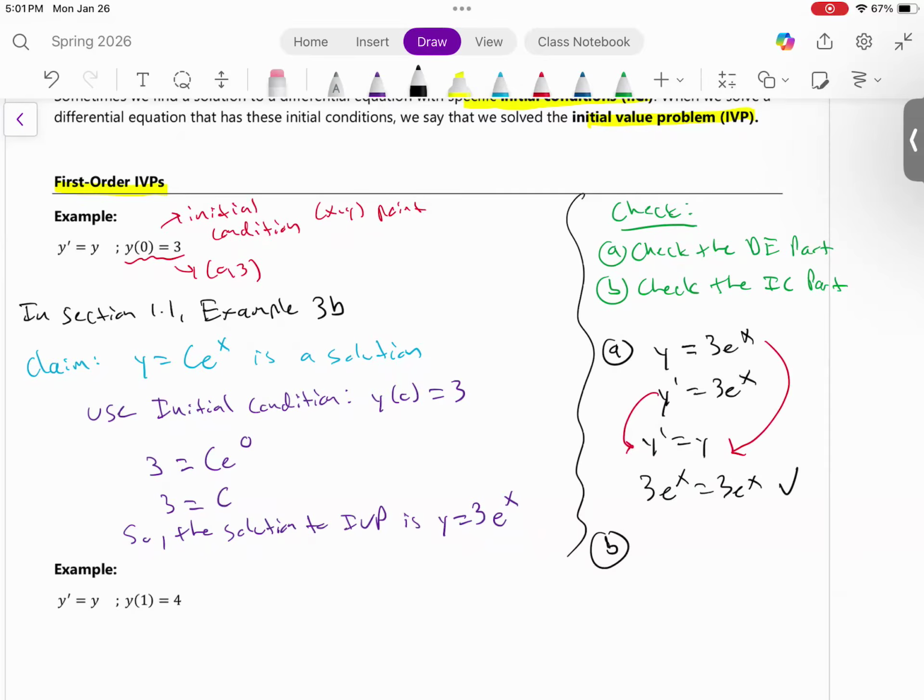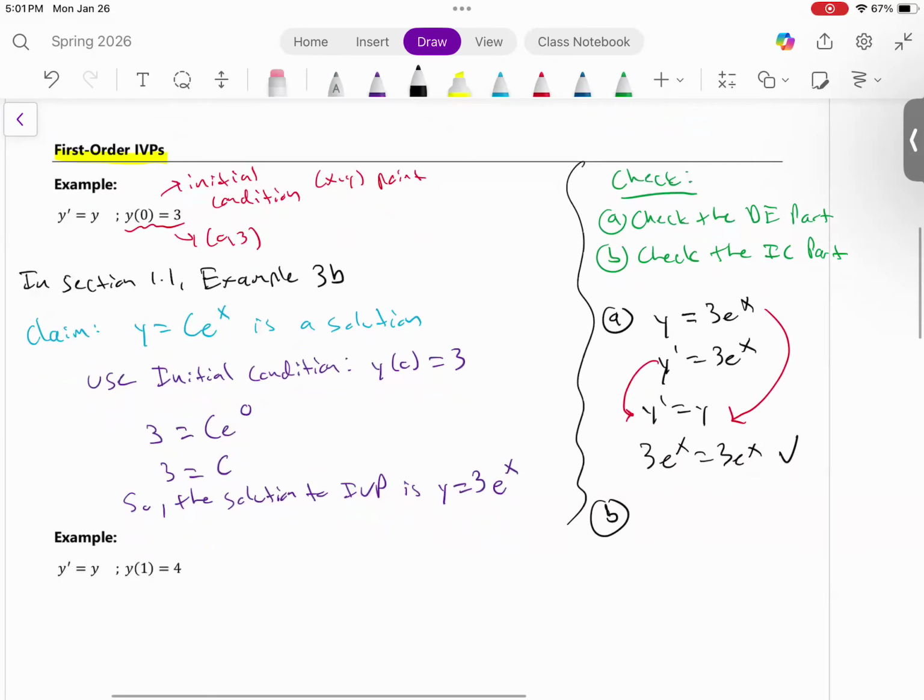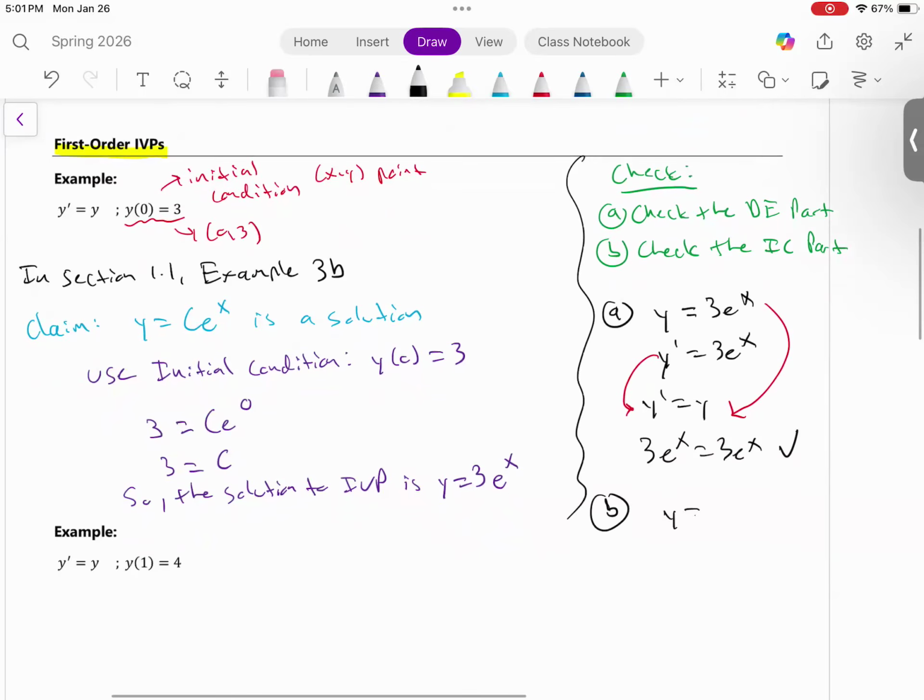And for part B, you want to check the initial condition part. That's just us plugging the initial condition into our solution. So y equals 3e to the x. I'm going to plug in 0 and 3 again. 3 equals 3e to the 0, which is just 3 equals 3, and check.